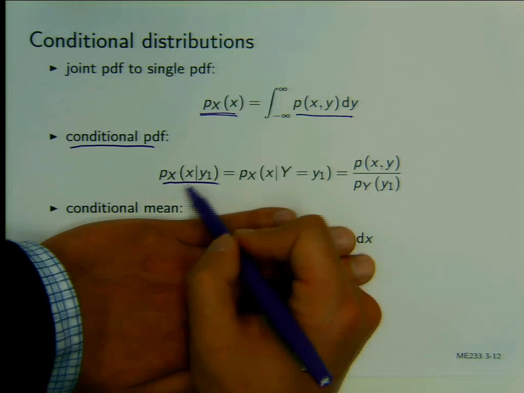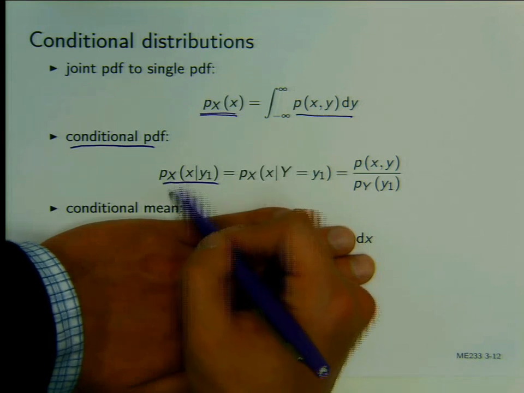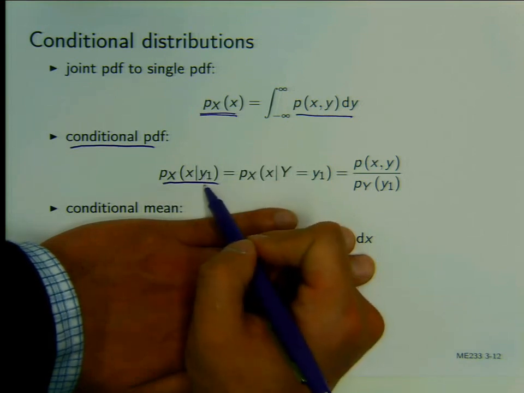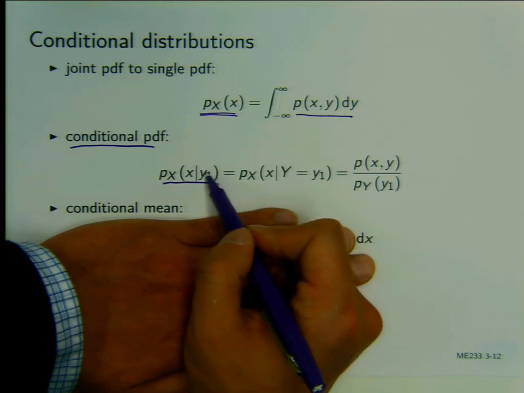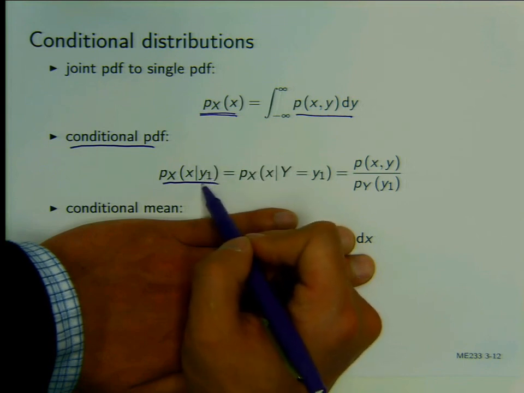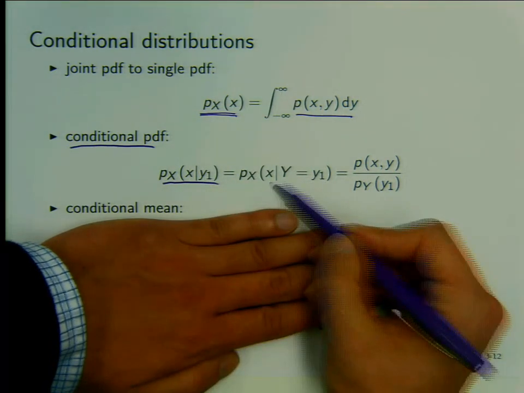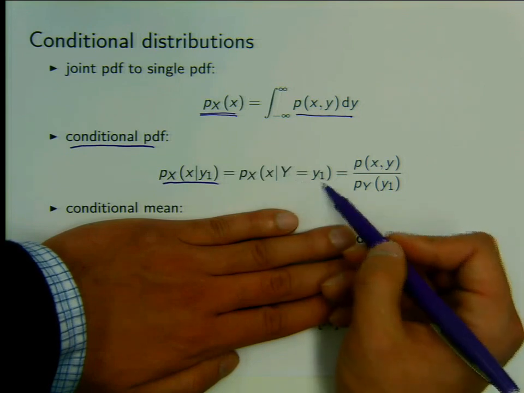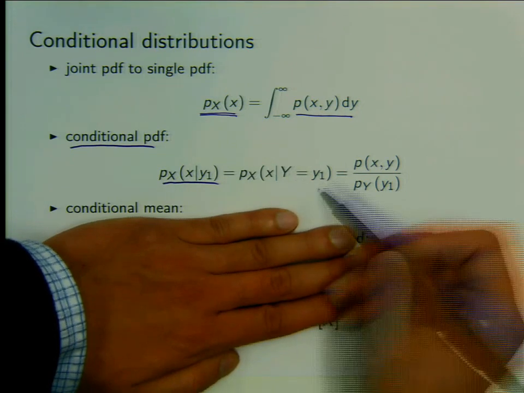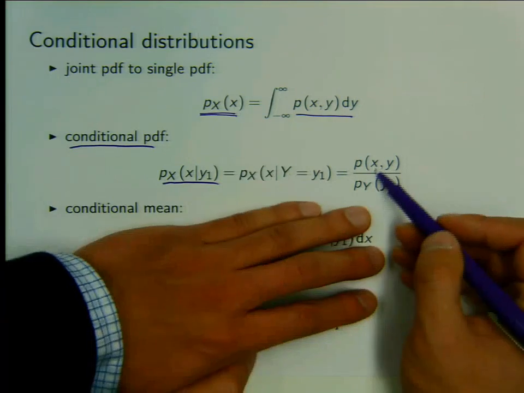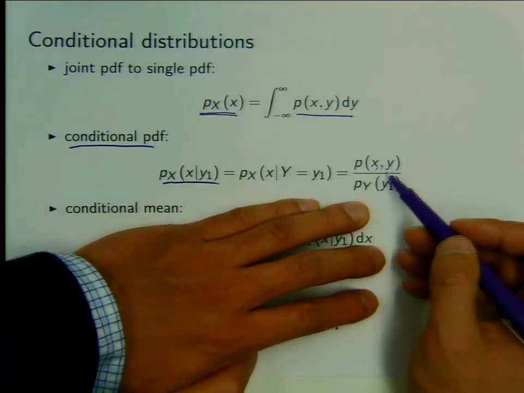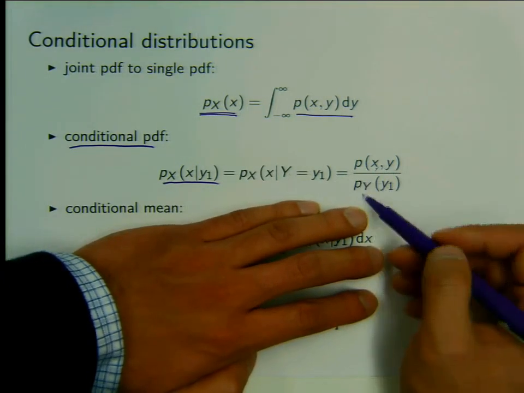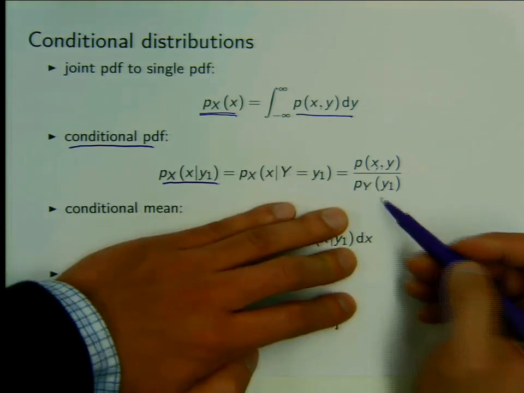The notation is like, what's the probability of x if I give you a value of y? Okay? So it's the probability of x given y equals y1. It's defined by this one: the joint probability divided by the single PDF of y.